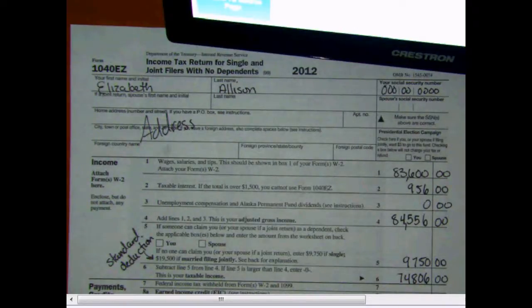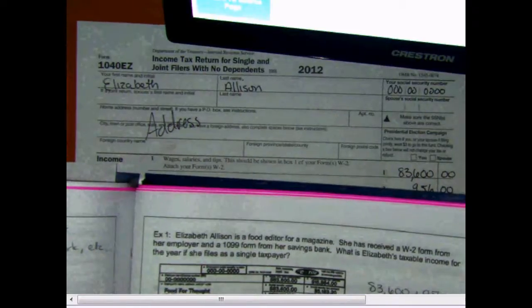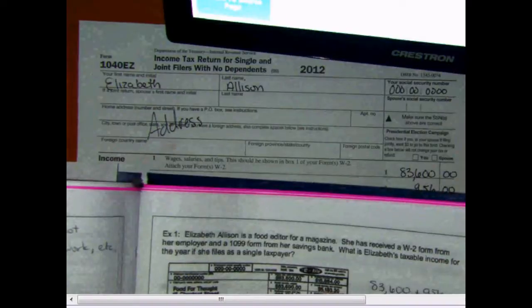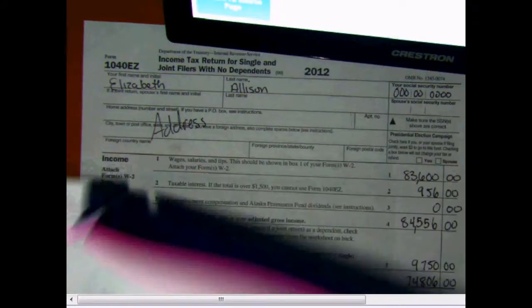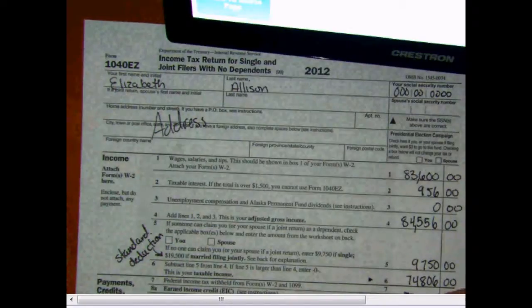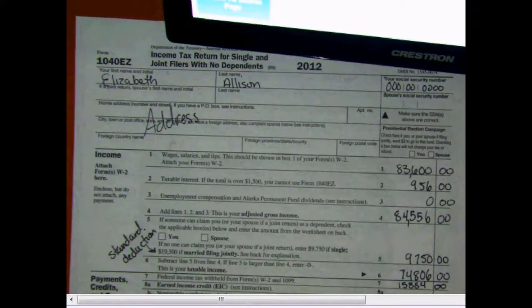Now, we find the federal income tax withheld from the form. So we go back to her W-2. It's right here in box 4. No, sorry, box 2. 15,884. Isn't it 5?